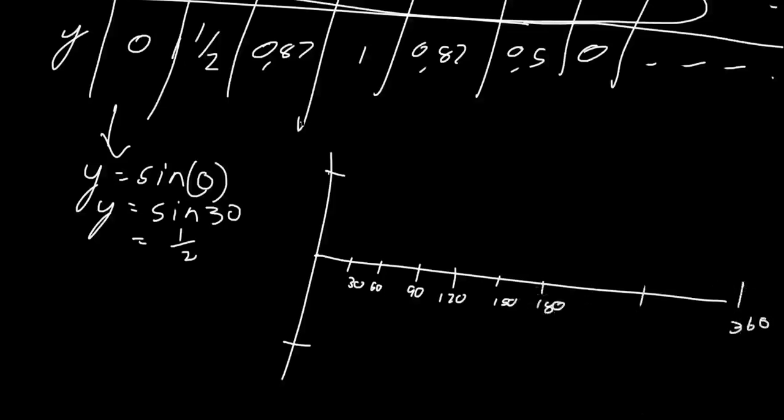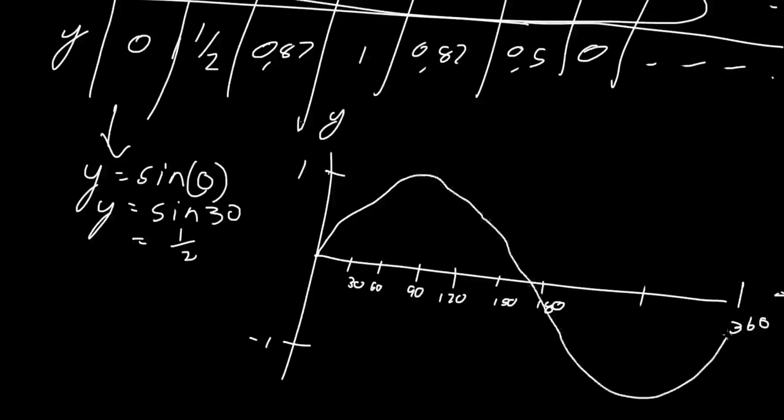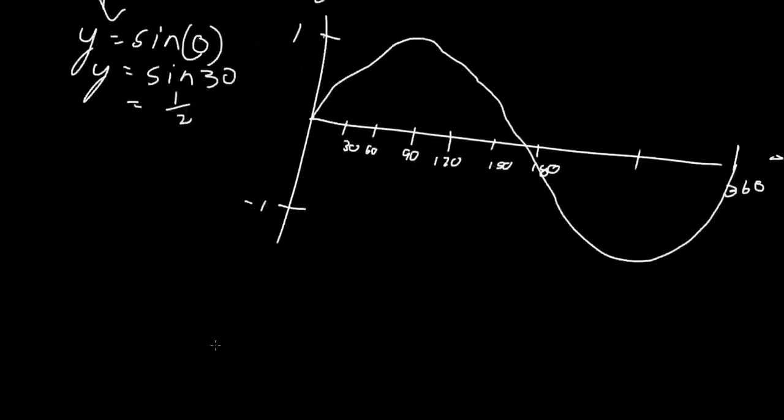Okay, remember that, and remember this is -1 plus 1, and x-axis, y-axis, etc. Okay, and if you plot those points, it's going to come out looking like this. And there is your sine graph.